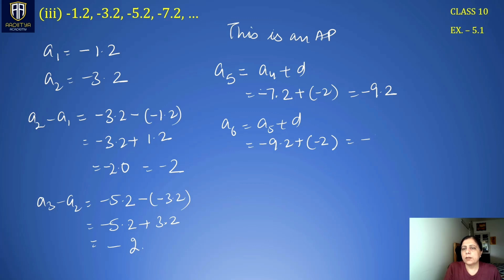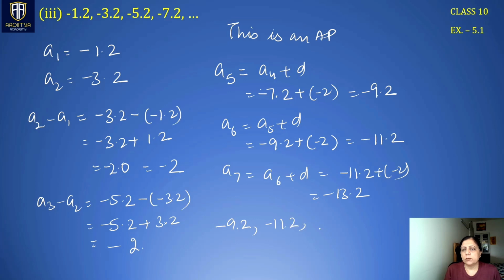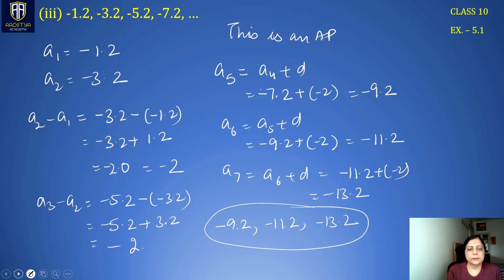So this is minus 11.2. A7 is A6 plus D. So A6 is minus 11.2 plus minus 2. That is minus 13.2. The 3 terms are minus 9.2, minus 11.2 and minus 13.2. Right?